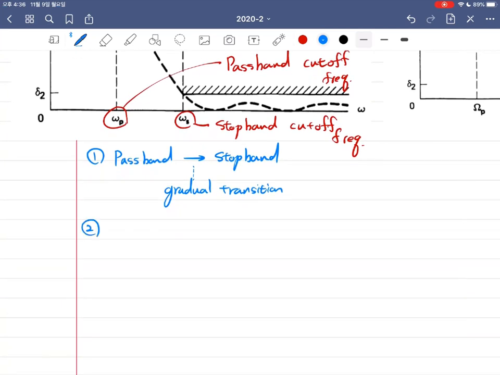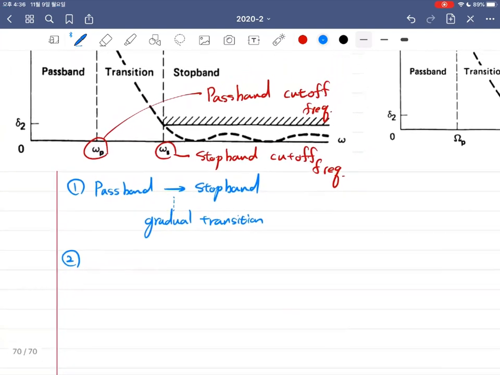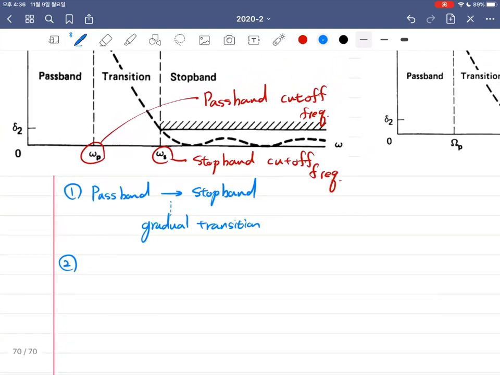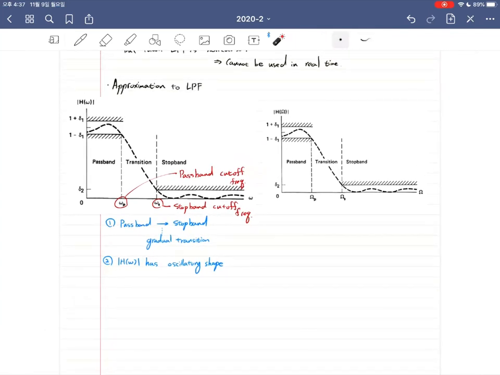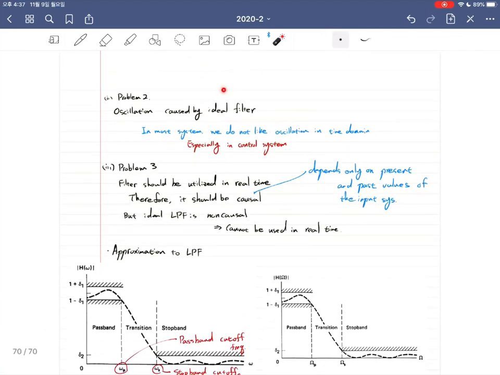And compared to the rectangular shape in the ideal LPF, this approximated version has this oscillatory shape in the Fourier transform. So this will prevent us from having the oscillatory trajectory in the time domain, which was problem number 2.